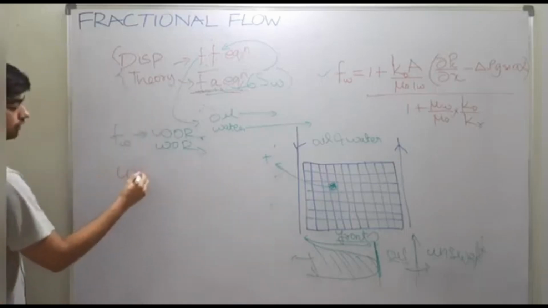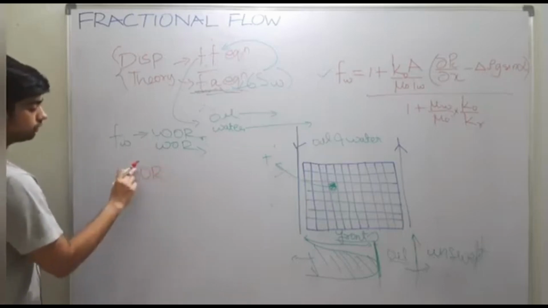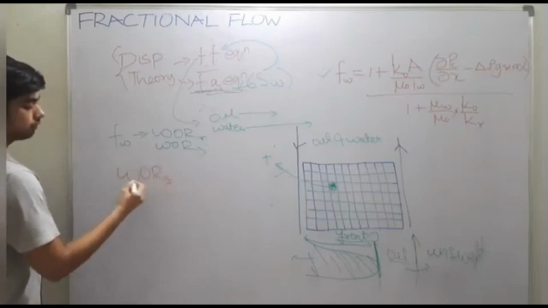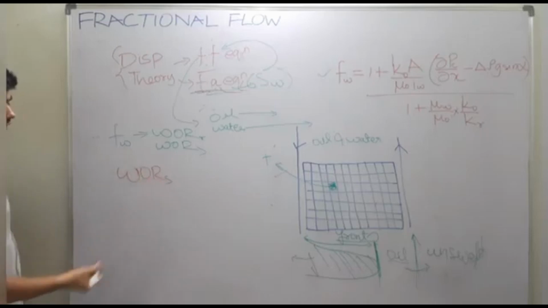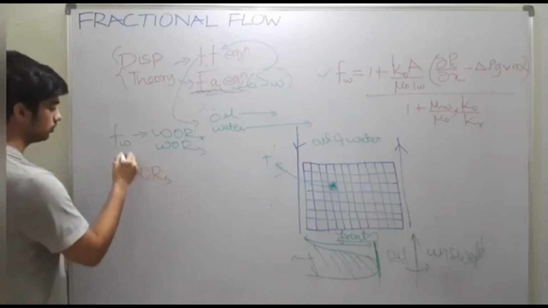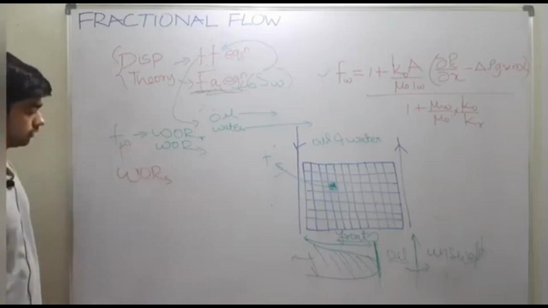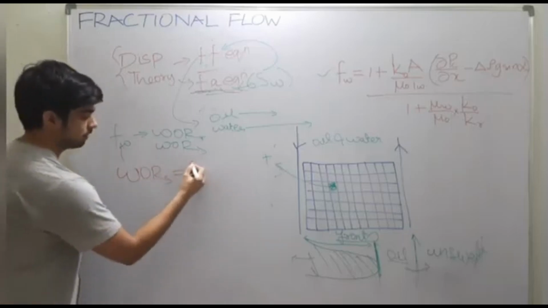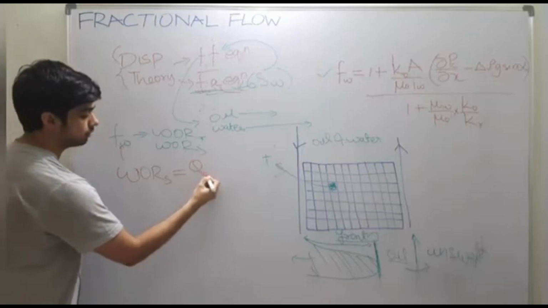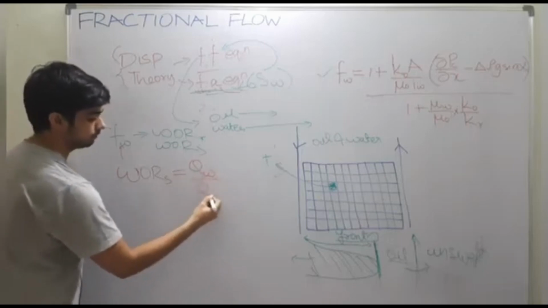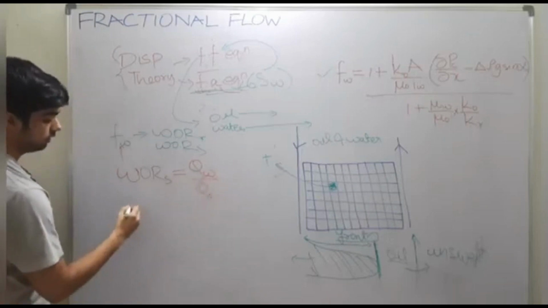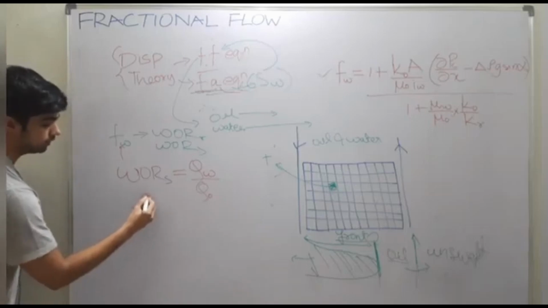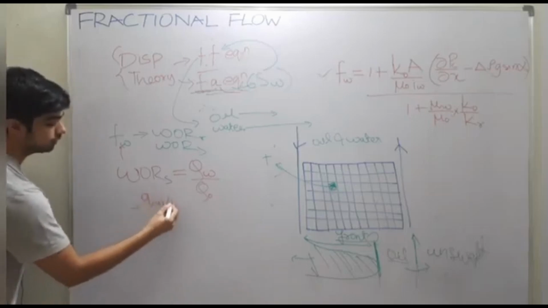Similarly, if we are asked to form a formula between the water oil ratio at surface and fractional flow, then the water oil ratio at surface will be given by this, which can be written as QW by BW over QO by BO.